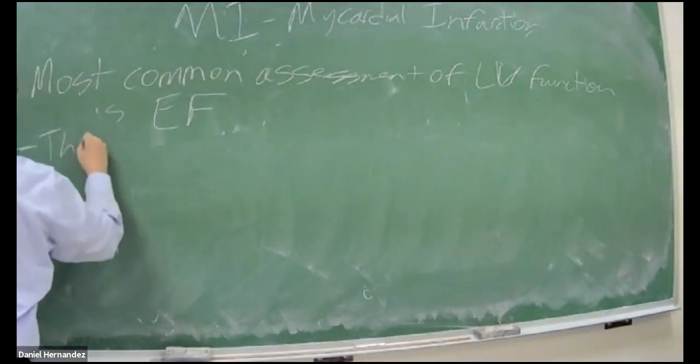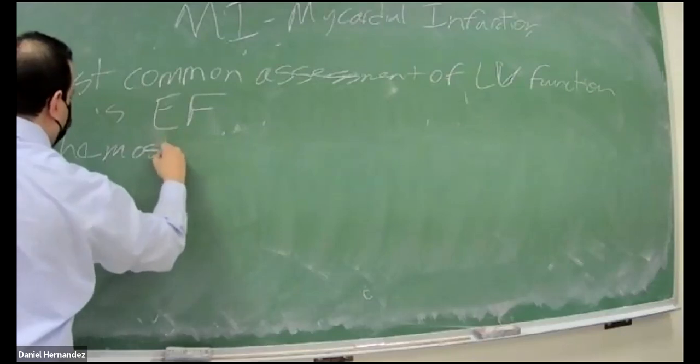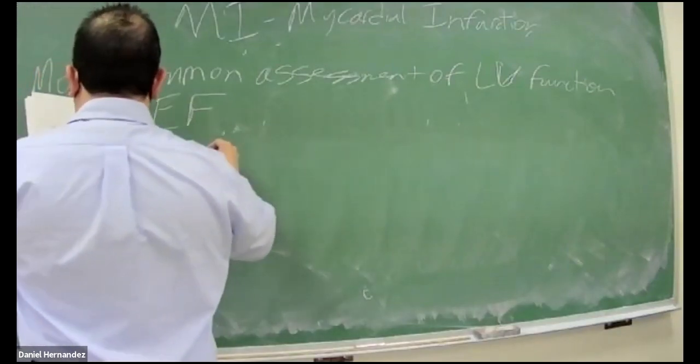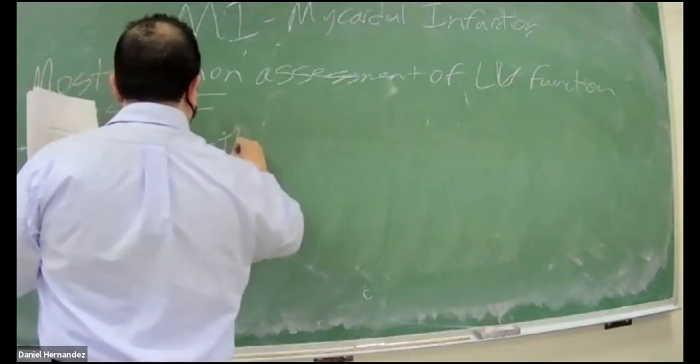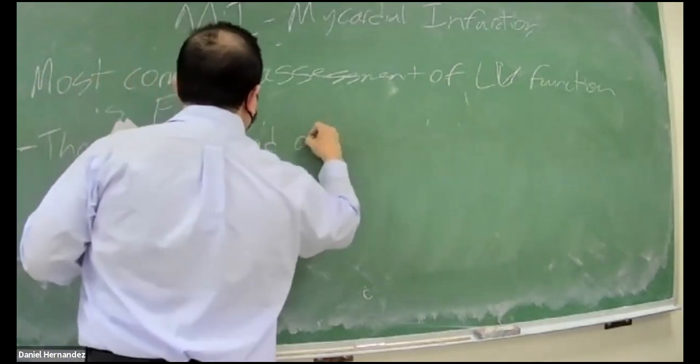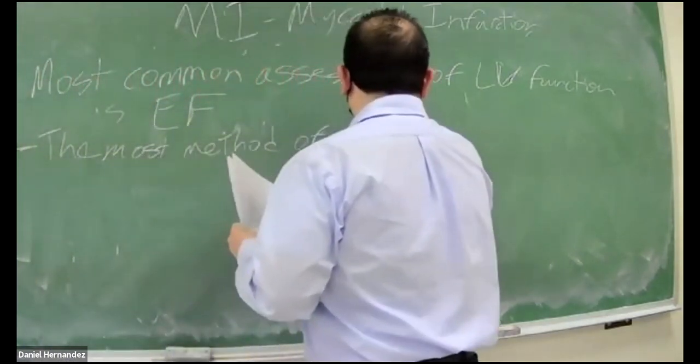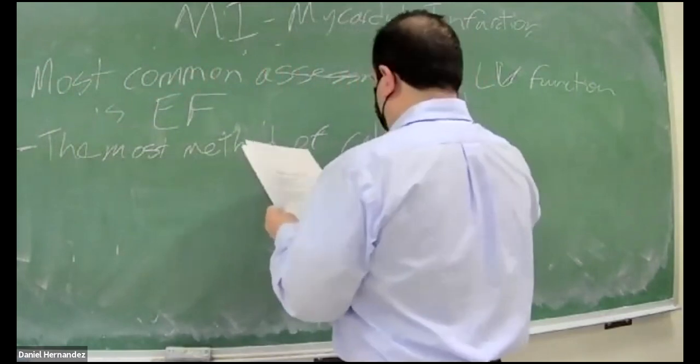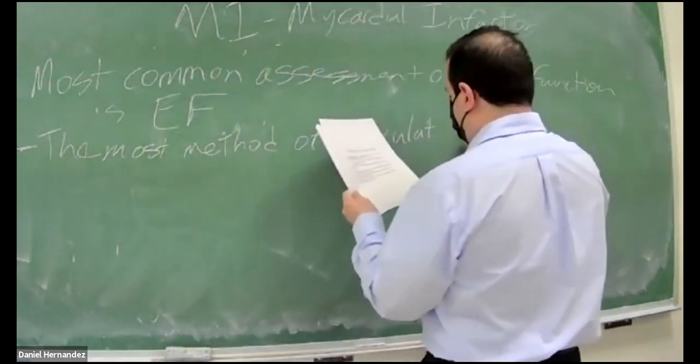So the most common method of calculating EF is the Simpson's rule or method of disks.